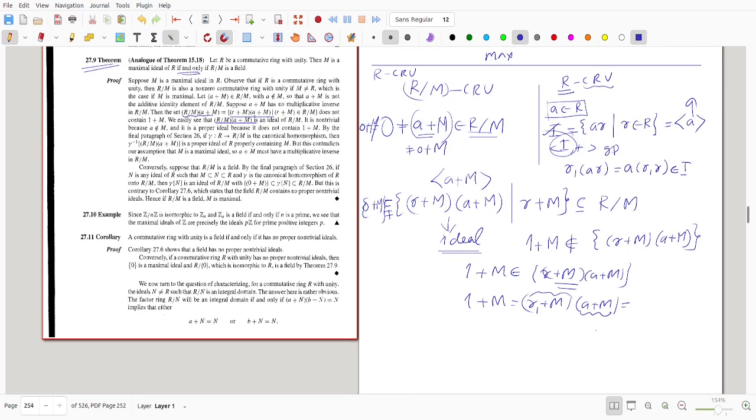There is nothing to prove, because 1 plus M can then be written as (r plus M)(r1 plus M)(a plus M), which shows that a plus M has a multiplicative inverse. So if 1 plus M is not a member of this, then this is not equal to R over M, and this is an ideal.